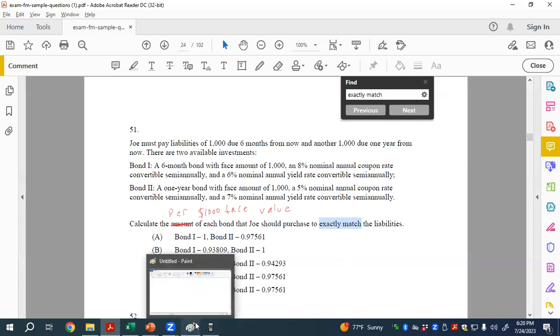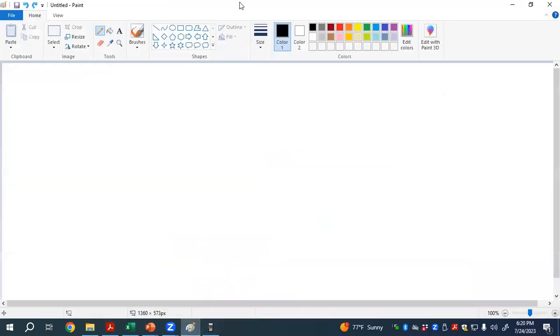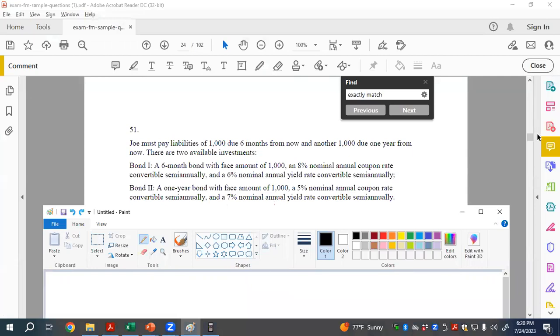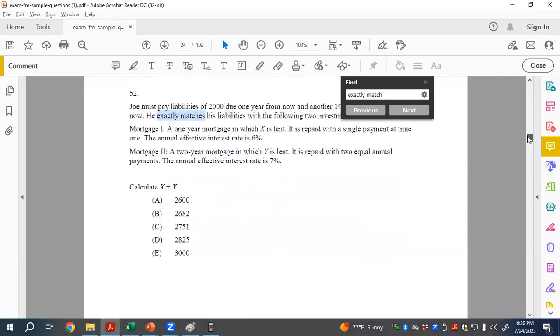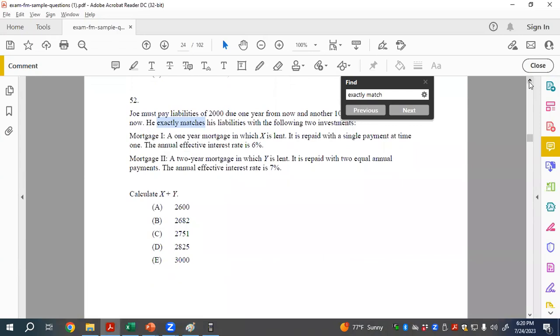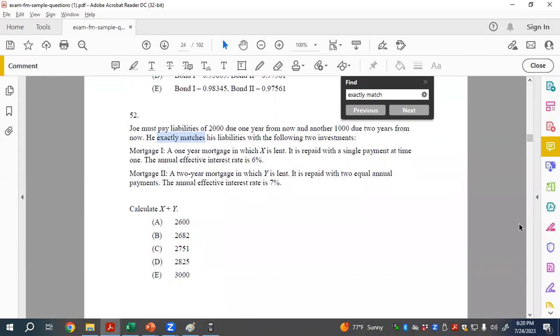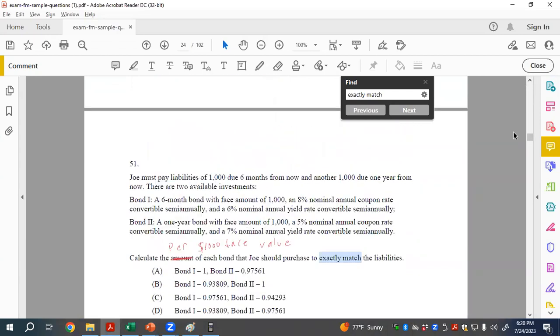Okay, so let's do this problem. It's more efficient to start off with bond two.